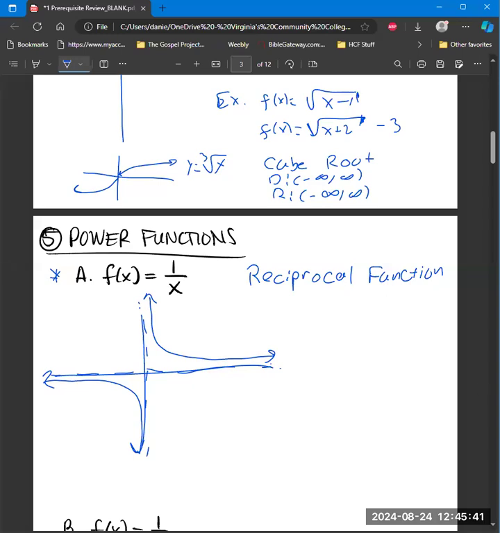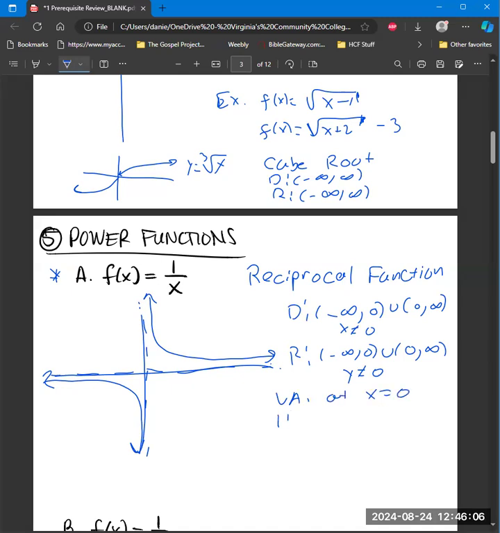So we have a domain here of negative infinity to 0, union 0 to infinity. Another way to say that is x cannot be equal to 0. We have a range of negative infinity to 0, union 0 to infinity. Another way to say that is y cannot be equal to 0. We have a vertical asymptote at x equals 0, and we have a horizontal asymptote at y equals 0.